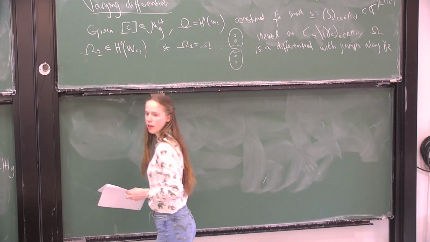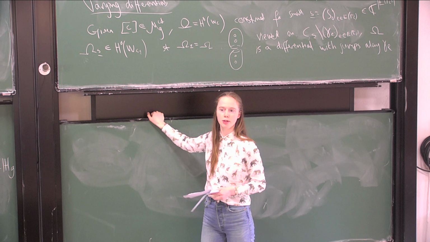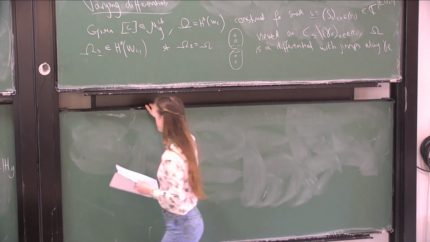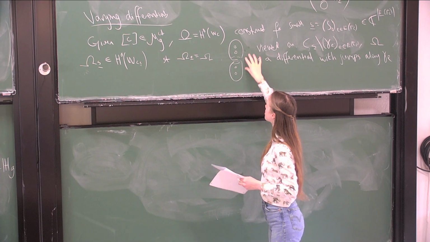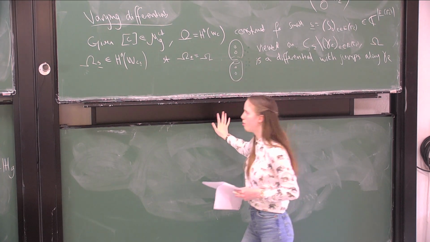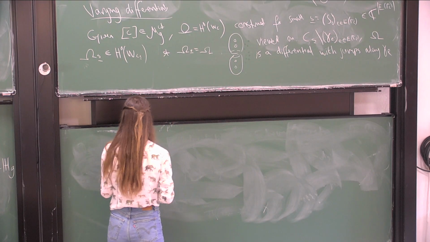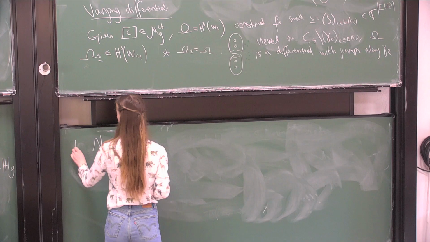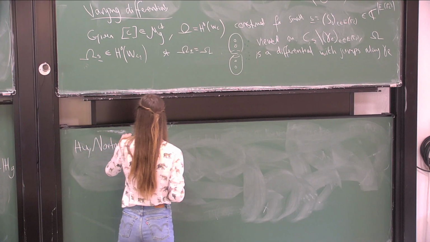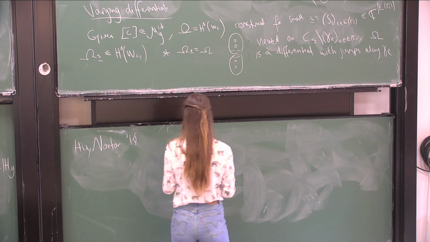So there's a paper by two previous PhD students of Sandruszewski, Norton and Hu, where they construct a differential, something that you can add to each of these parts so that you cancel out this jump. So a paper by Hu and Norton in 18.